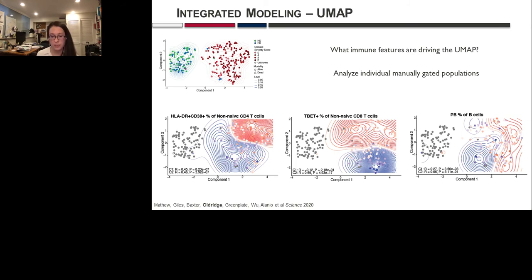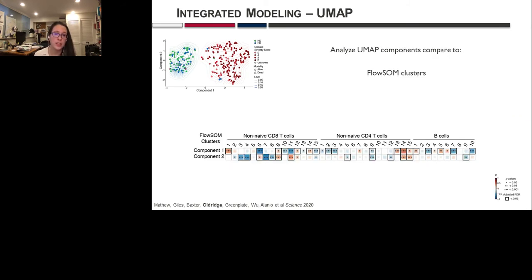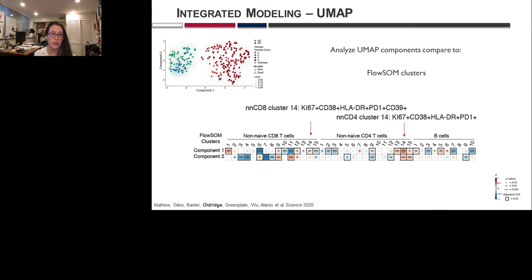We also wanted to understand how our unbiased FlowSOM clusters that were determined by Cytobank could then help us understand these two different components. So I'll point out a couple different examples here. Here, cluster 14 in both the CD8 T cells and the CD4 T cells were positively correlated with component 1.